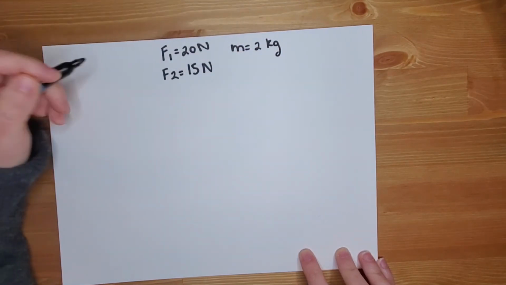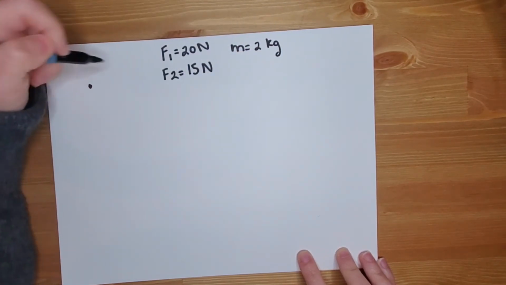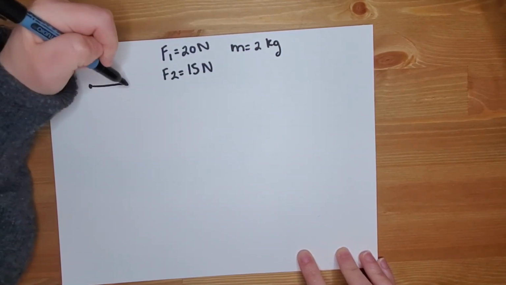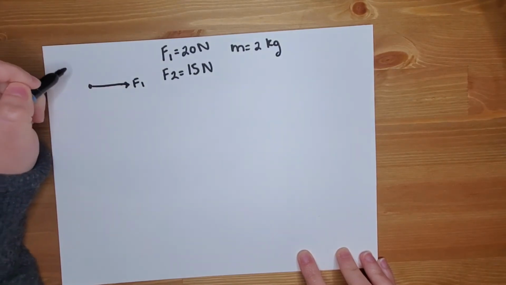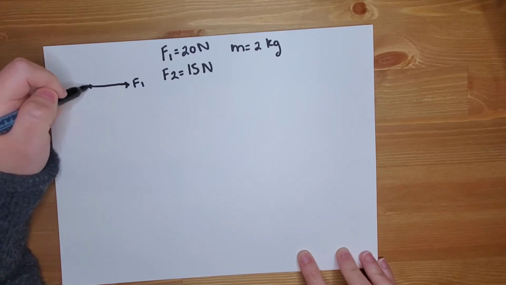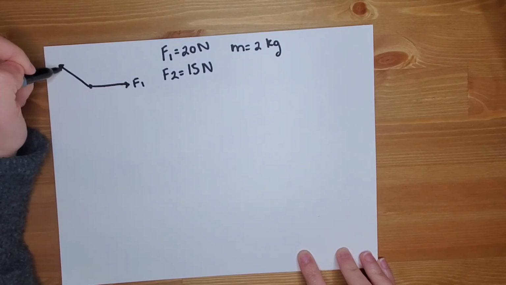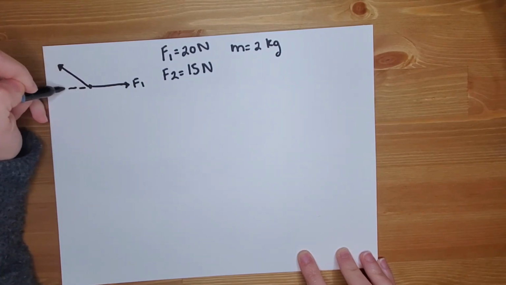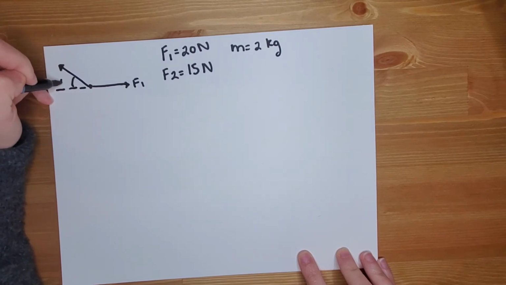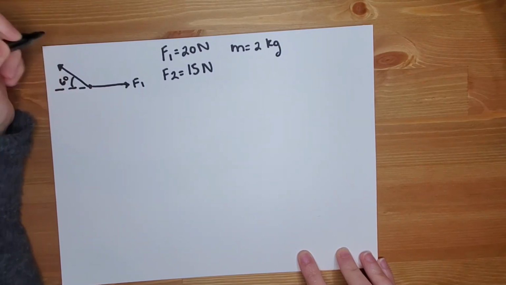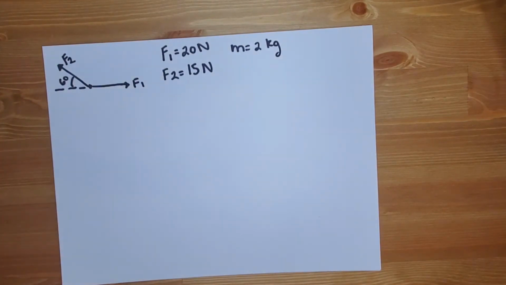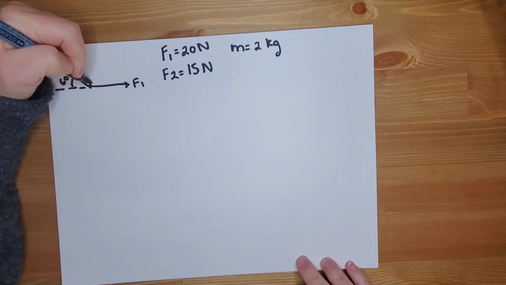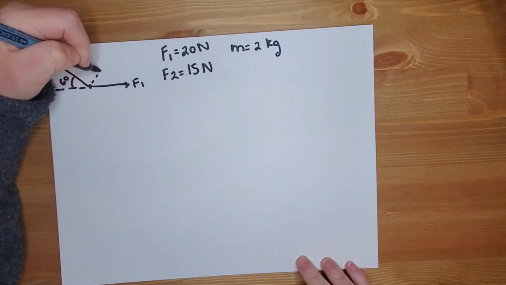Force 1, just to keep it consistent, is going east on our positive x-axis, and force 2 is now going to the northwest direction, 60 degrees from west. So it is 60 degrees from the horizontal. In this case, we have one force going on our positive x-axis, and the other force is actually going on the negative horizontal.